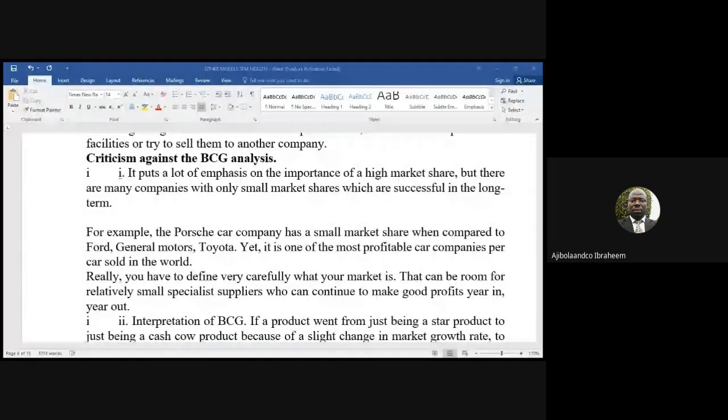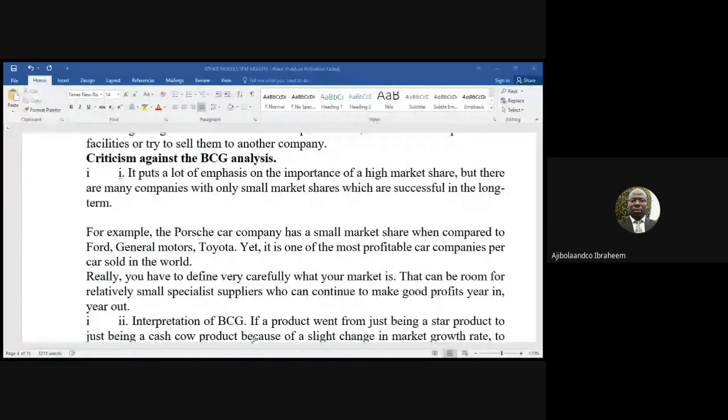So that is dog to be removed. Dog is a poison. So meaning that 3 of those 4 are very, very important to any entity. So when you have more than one product or product line, the BCG analysis matrix is very, very important. And that is the portfolio management aspect of it.